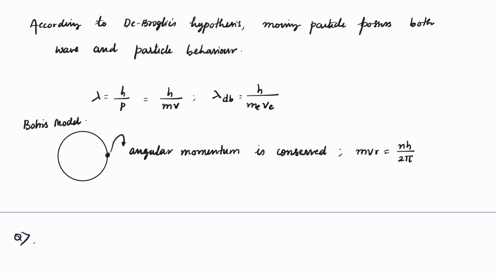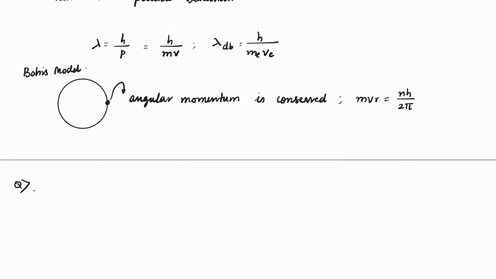According to it, the wavelength associated with a moving particle can be represented as h by mv. So lambda dB, de Broglie's wavelength, is h by mv, where m is the mass of the particle and v is the speed with which it is moving. Got it? This is just a briefing on what we discussed in the last class, and it will be useful going ahead.